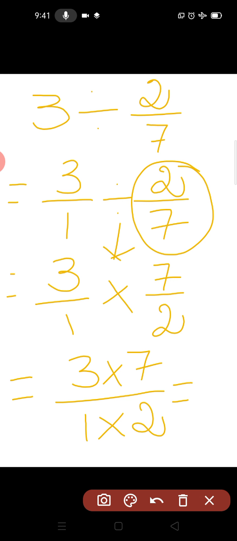Verify for the common factors here. Is there any common factor? No. 3, 7, 2 all are prime numbers. So 3 7s are 21 and 1 2s are 2. So our answer is 21 by 2. This is the division of a whole number by a fraction.